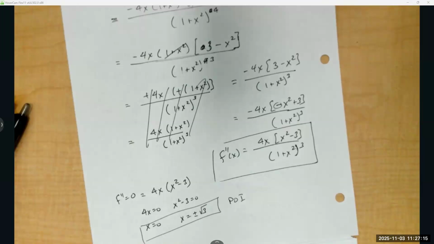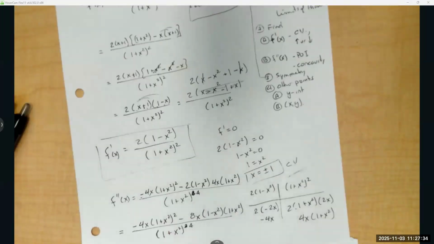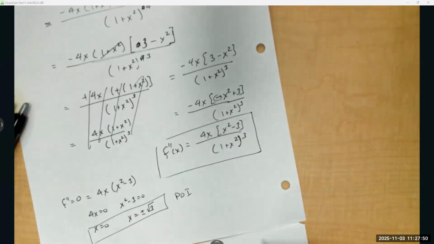So my original function is x plus 1 squared over 1 plus x squared, the first derivative is 2, 1 minus x squared over 1 plus x squared squared, and the second derivative is 4x, x squared minus 3 over 1 plus x squared cubed.